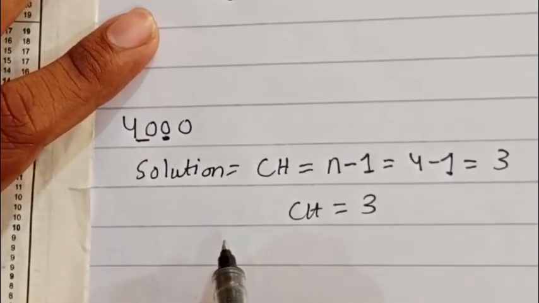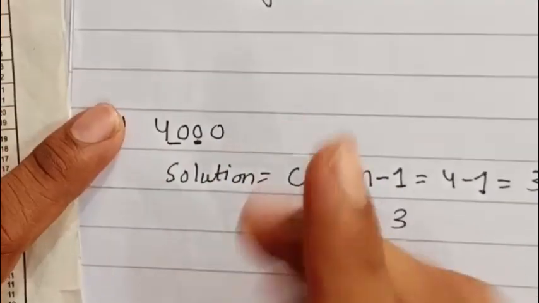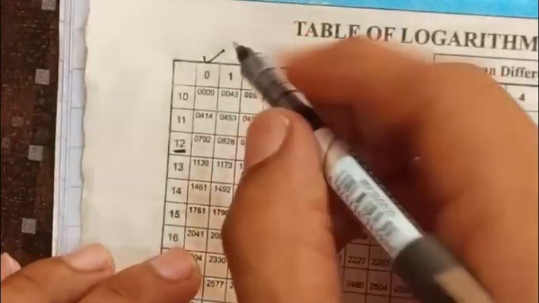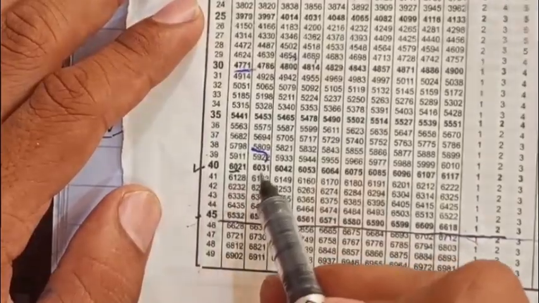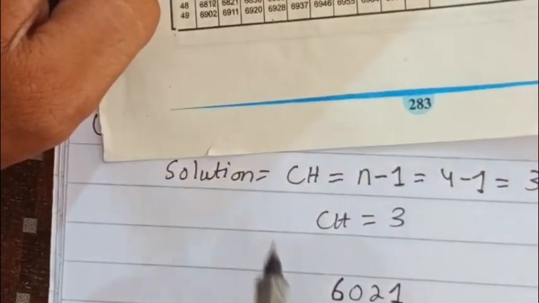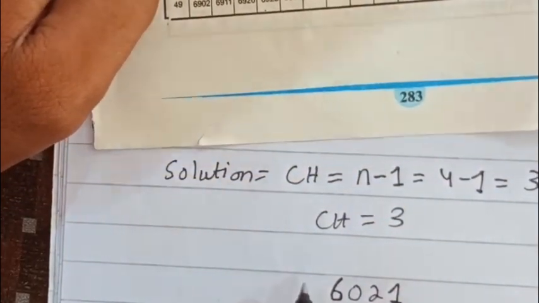So mantissa, I already told you I need to find out 40 and the 0 column. So I already found it. It is the 0 column and my number is 40. So what is the value? 6021. So as you know, mantissa is the decimal part.